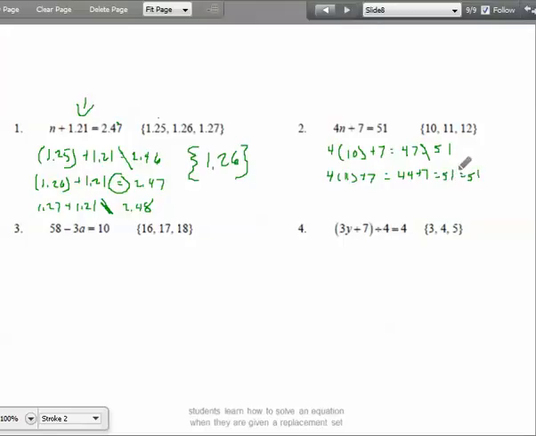Yes. So 11 is going to work. How about 12? 4 times 12 plus 7. That's equal to 48 plus 7. That's equal to 55. Is that equal to 51? No. So the only one that works here for the solution set is 11.